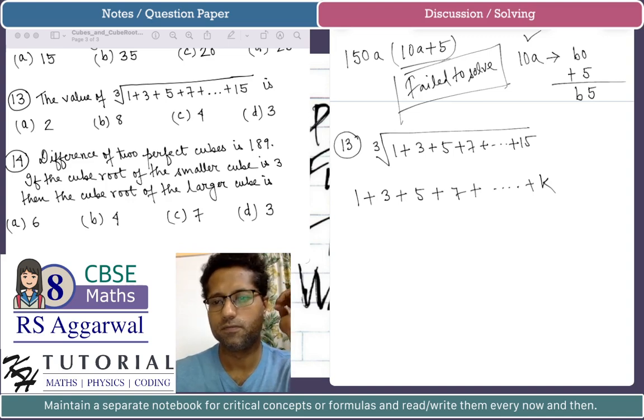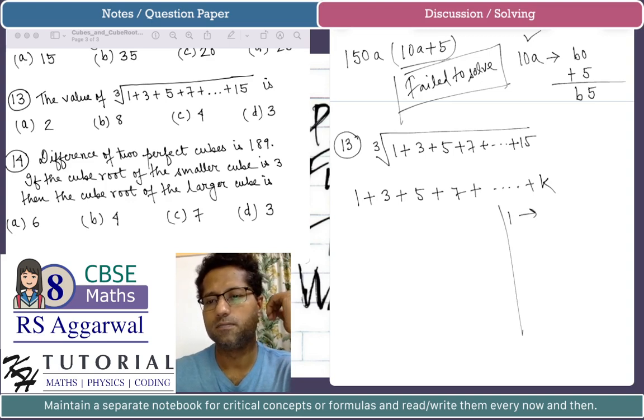So what I'm trying to say is that we know that 1 is the sum of the first odd integers.